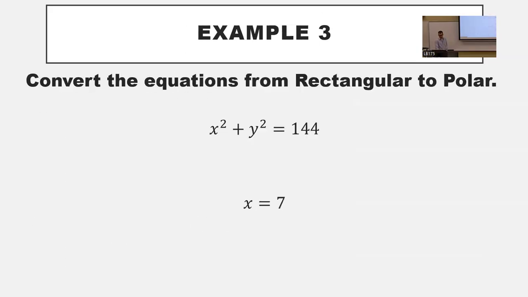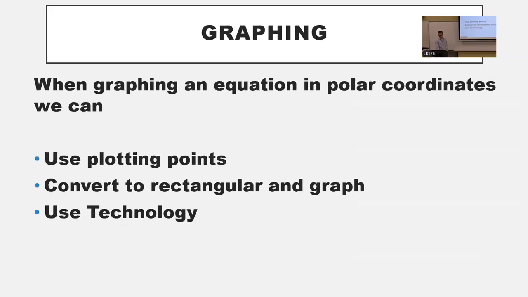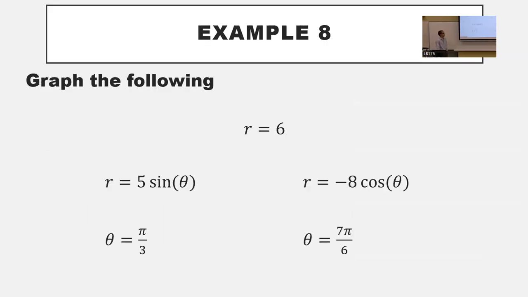We can convert from polar to rectangular and back and forth. We can convert equations. And then the last thing we were doing is we were graphing. Remember, r equals 6, r equals 5 sine theta, r equals -8 cosine theta. Those all gave me circles of different types.